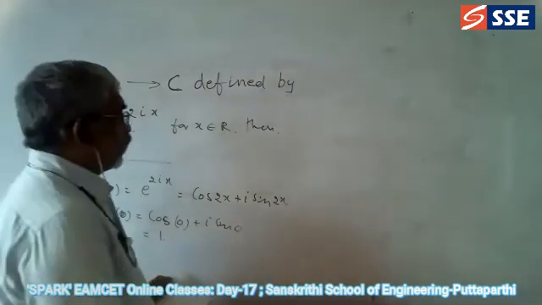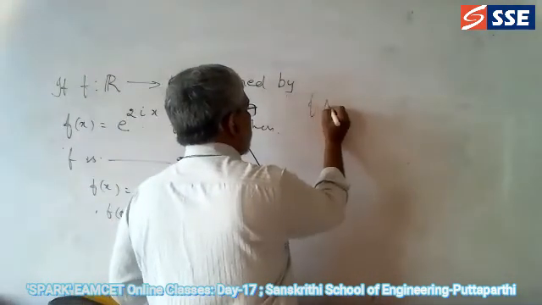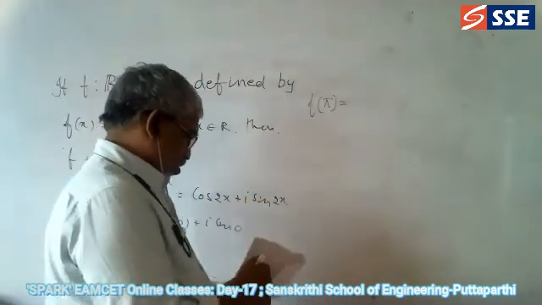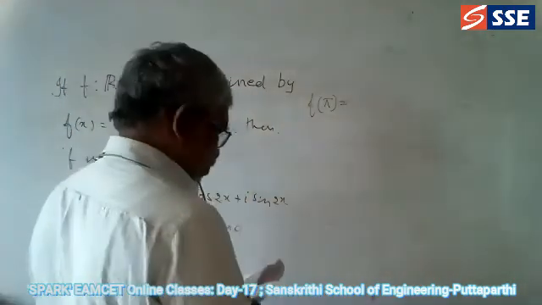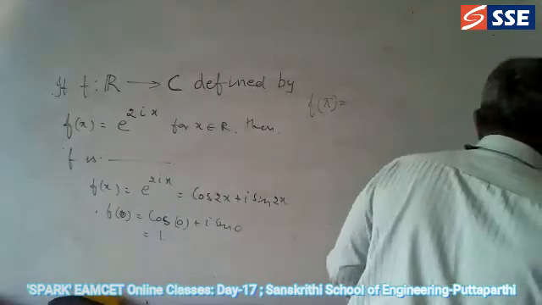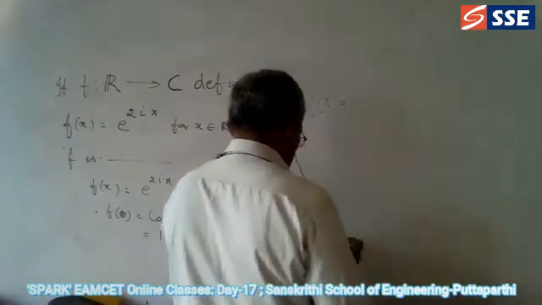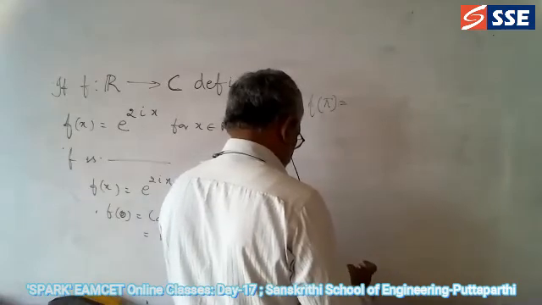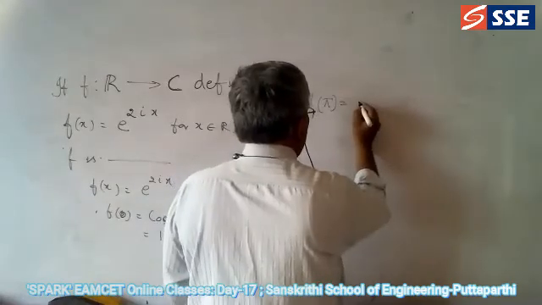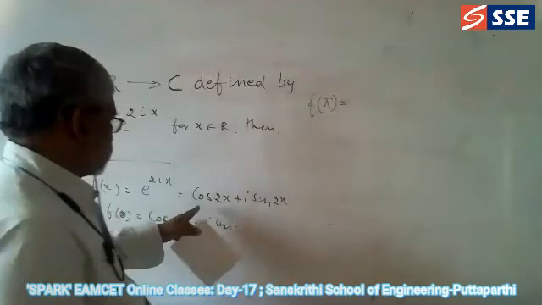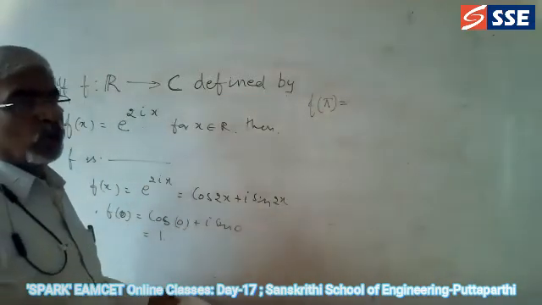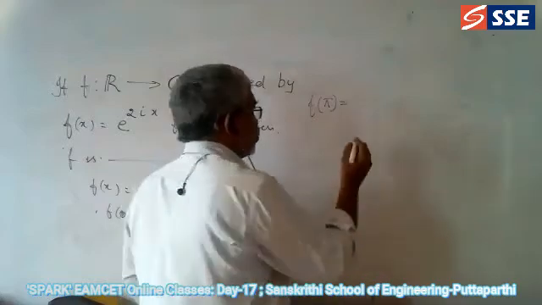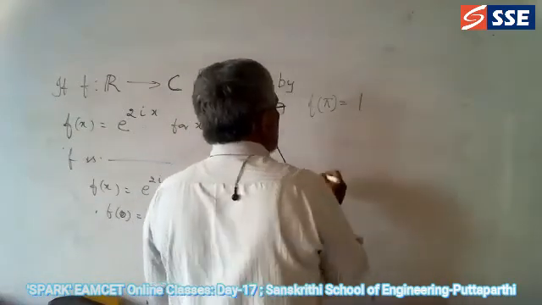Now let us take f of pi. f of pi equals cos 2 pi plus i sin 2 pi. Cos 2 pi is 1 and sin 2 pi is 0. So what do you get? It is 1.